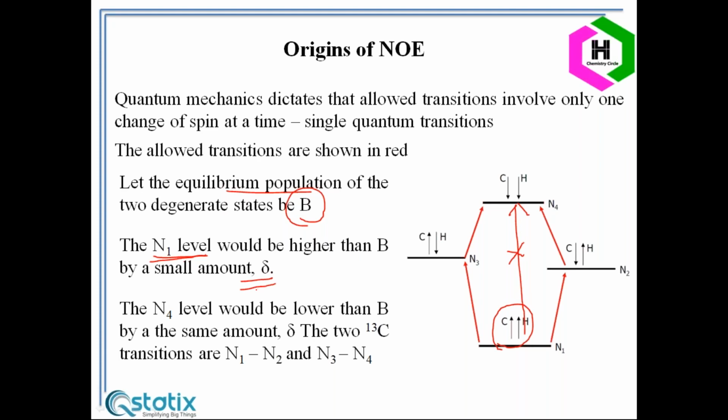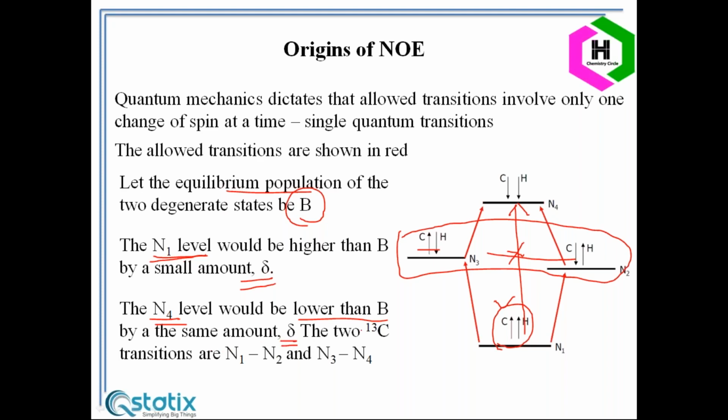The two parallel spin states give N1 higher than B, and the N4 level is going to be lower than B by a small amount delta.